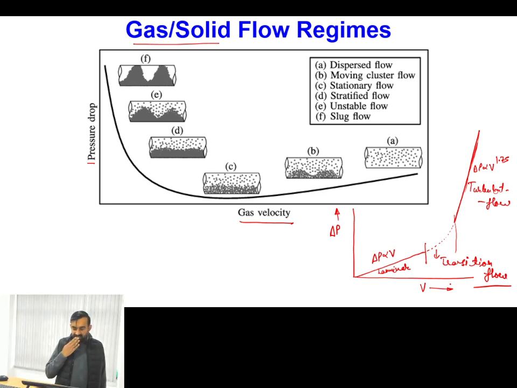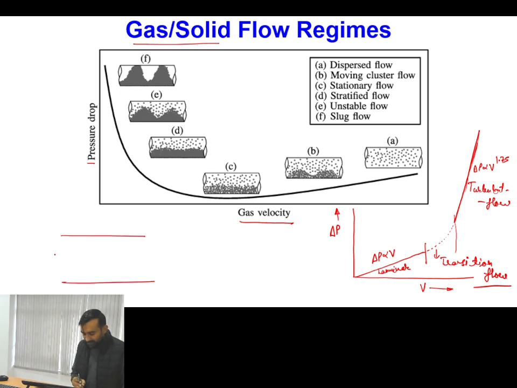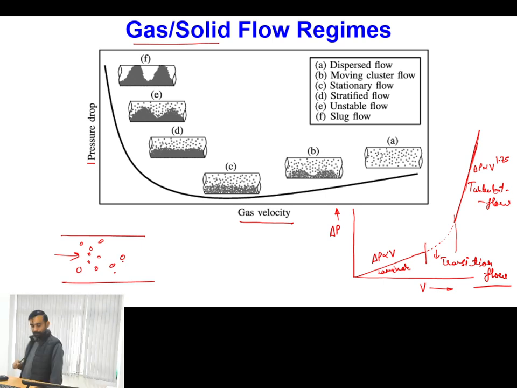Now, in this gas-solid flow, here also we have a fast moving gas, and in this fast moving gas we have also loaded solid particles. That is the reason it becomes gas-solid flow.